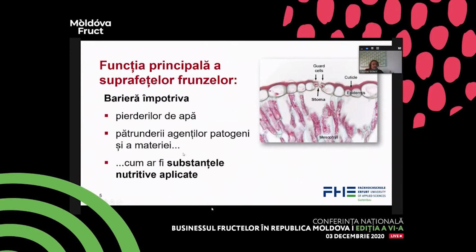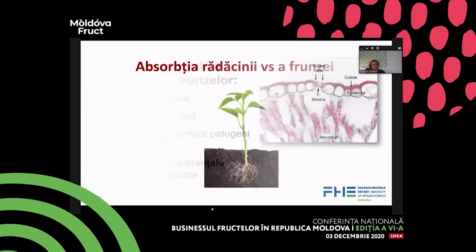It prevents the penetration of, for example, pathogens or stuff which is not intended to enter the leaf. And this also applies for our nutrients. So we apply the nutrients to a surface which is mostly intended to protect the plant from penetration, uptake of other material, and this poses the problems.